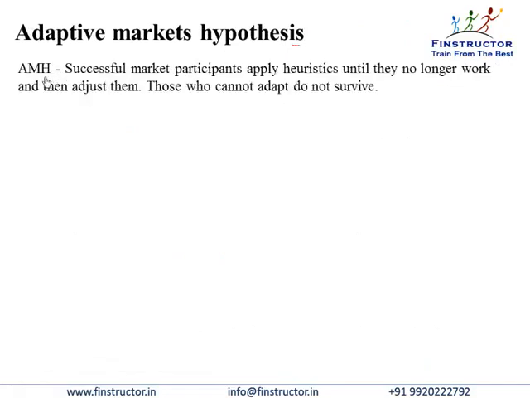The adaptive markets hypothesis says that successful market participants apply heuristics. So remember, heuristics are rules of thumb that investors derive from their experience.